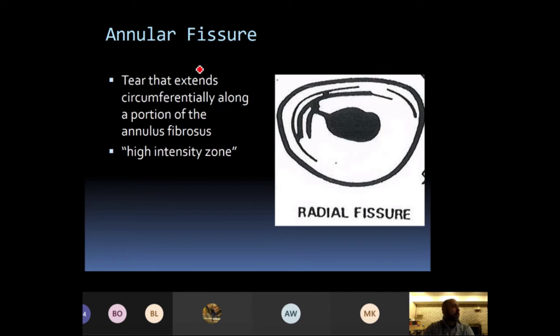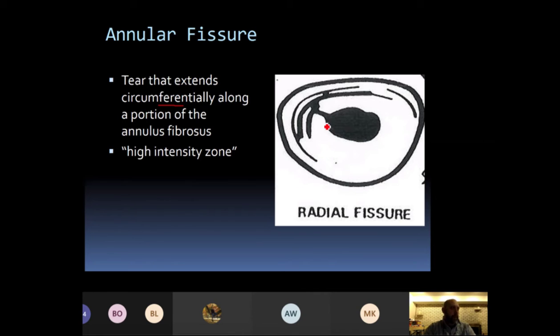All right, the last one we're going to talk about here is our annular fissure. Okay, so think about this as a tearing through the annulus fibrosus itself, and so these tears tend to go circumferentially around the disc itself. So instead of having a rupture, we're not going to cut straight down through the entire width of the annulus fibrosus here.